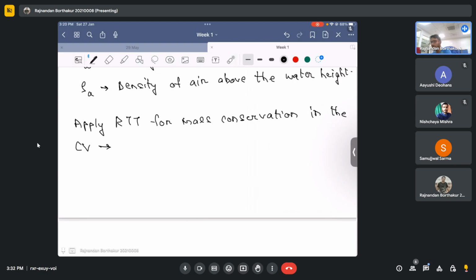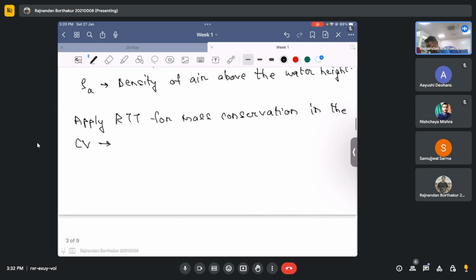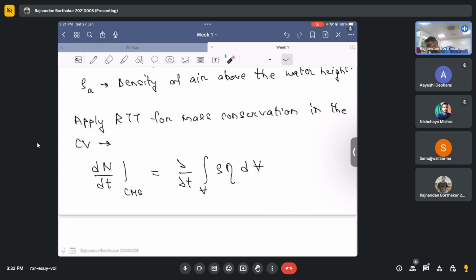In order to recapitulate what we have learned, I write the Reynolds transport theorem for any general property N, which says that the rate at which this property N changes with respect to time in a control mass system, which I will write as CMS, meaning control mass system, is equal to the rate at which the property per unit mass, which we will denote as eta, changes inside the control volume, plus the net efflux.